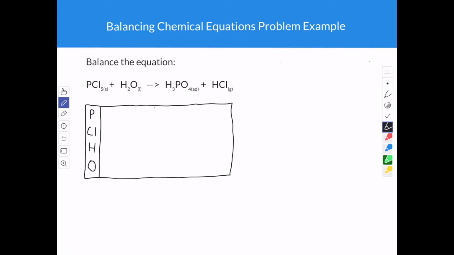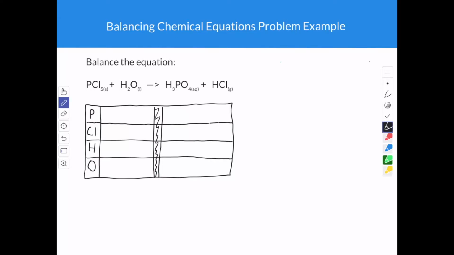And then we have a nice dividing line that separates the reactant side from the product side. Nothing fancy, just something to help you know which side you're on. And then we make our rows across for each element that we're going to be counting.